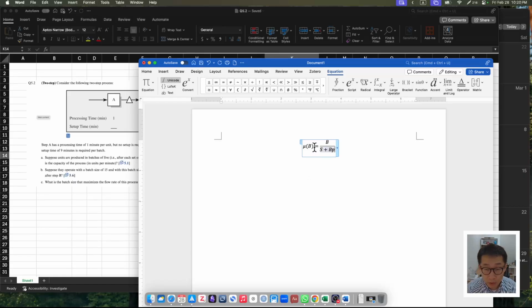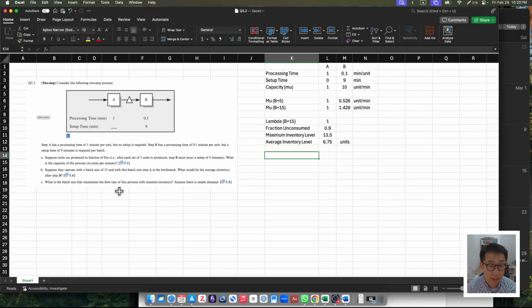And what is our target capacity in this case? Your target capacity is going to be 1. You don't want to go faster than 1 per minute. You don't want to go any slower than 1 unit per minute, because there's nothing you can do about the capacity of step A because it does not have any setup time.